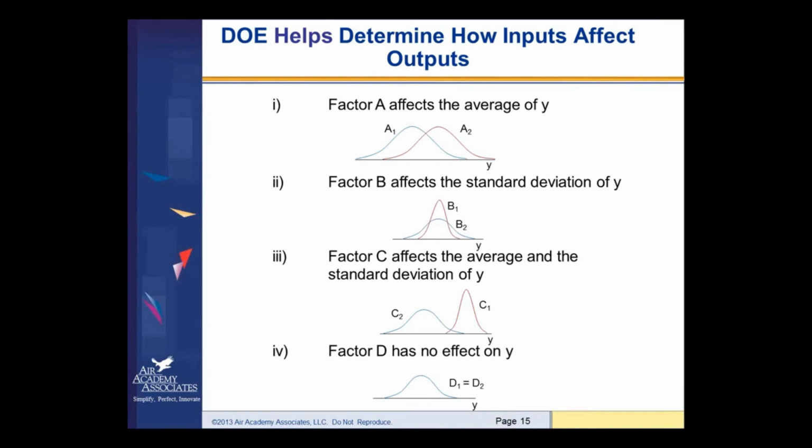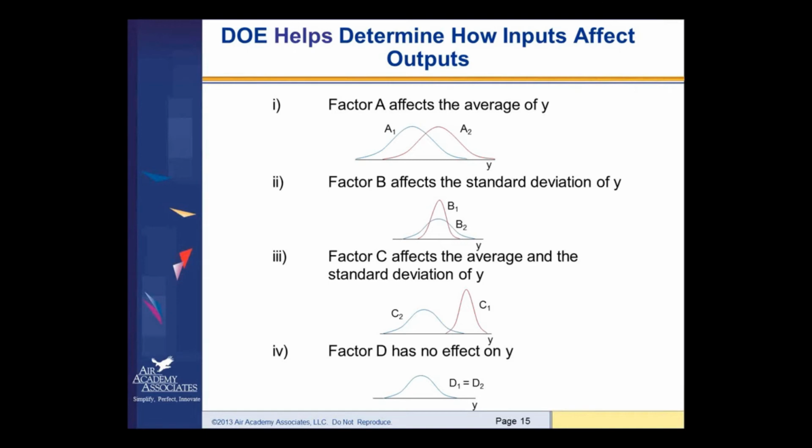So you can see factor A affects the center of the distribution, shifting the center. Factor B shifts the standard deviation or the shape of the distribution, but not the center. And factor C does both. Factor C affects both the mean and the standard deviation of the output. Factor D has no effect. And sometimes you say, gosh, what a bust that was.